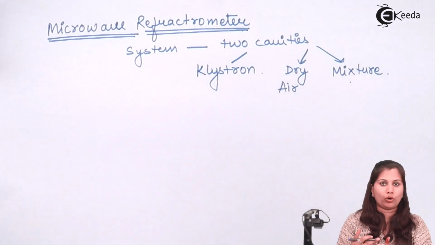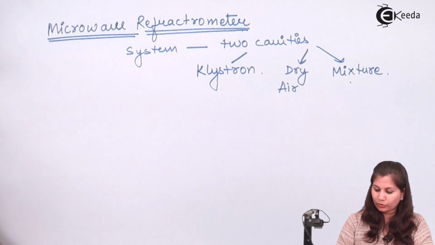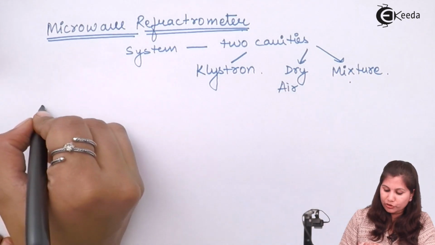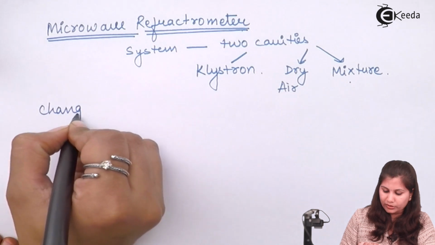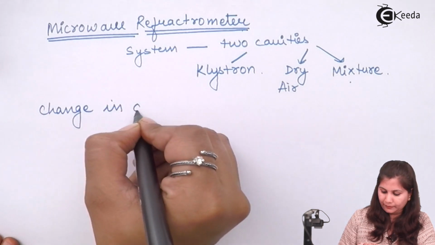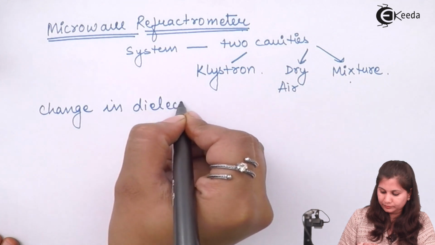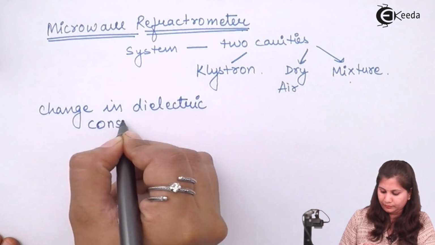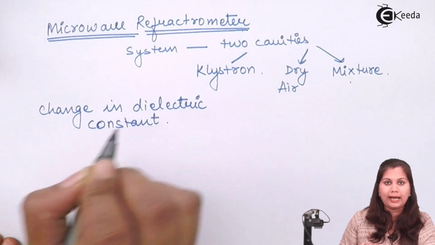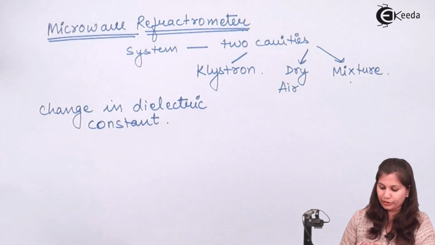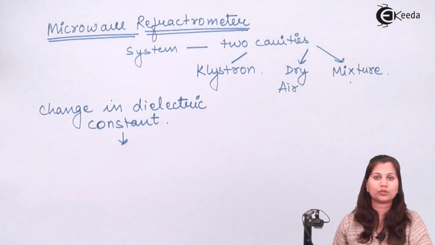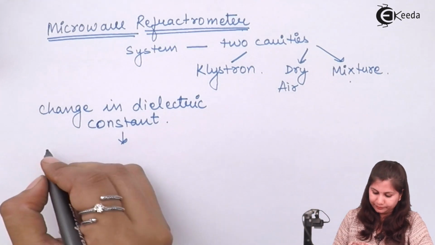In that mixture, water vapors will be present. Due to the presence of the water vapor, there will be a change in the dielectric constant, and due to the change in the dielectric constant, the frequency of one of the oscillators is going to change.